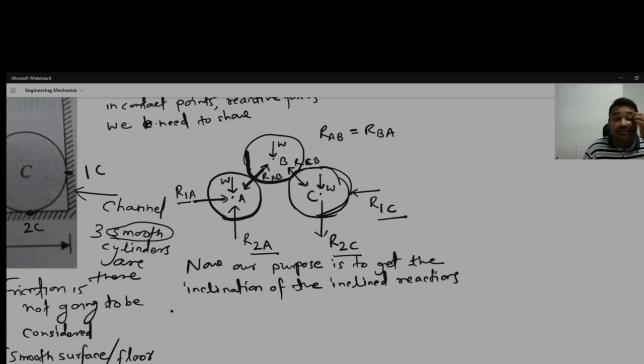You can see here R1A is horizontal, R1C horizontal, acting in horizontal directions.